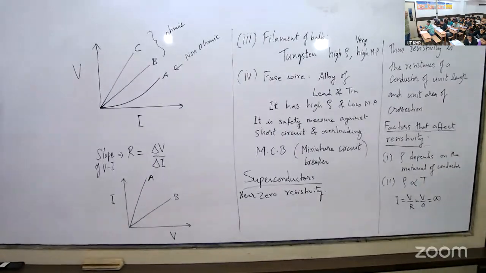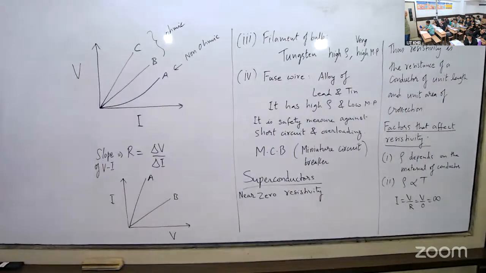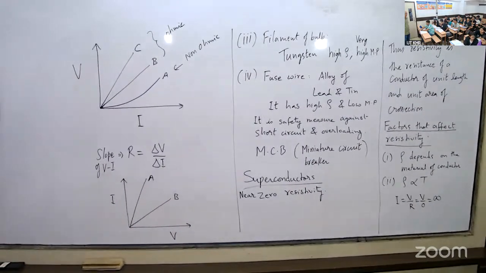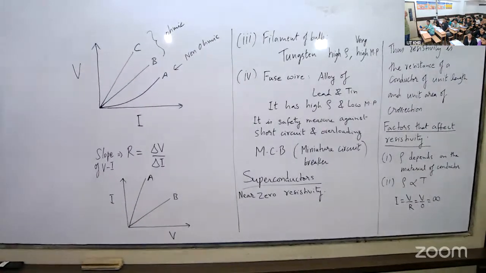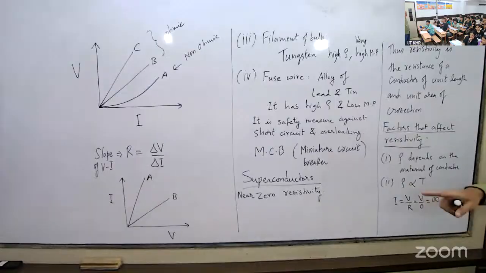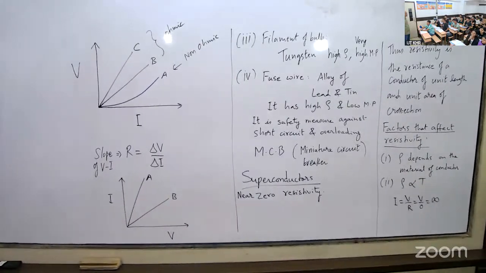A or B? Somebody is saying B, somebody is saying A. Which conductor has high resistance? A. How many with A? A is wrong. What is the graph? EI or IV? This is how they will twist.